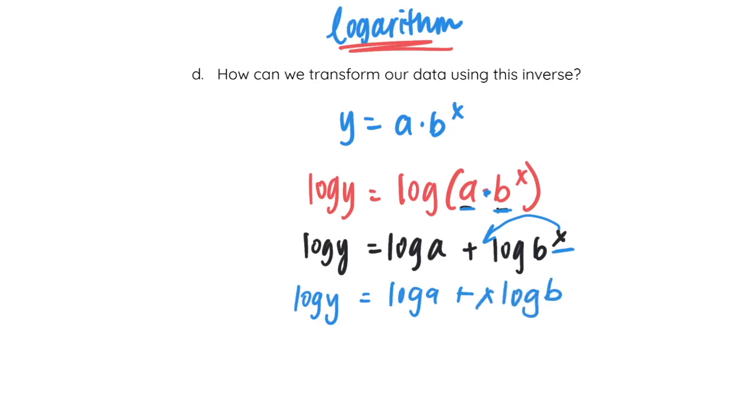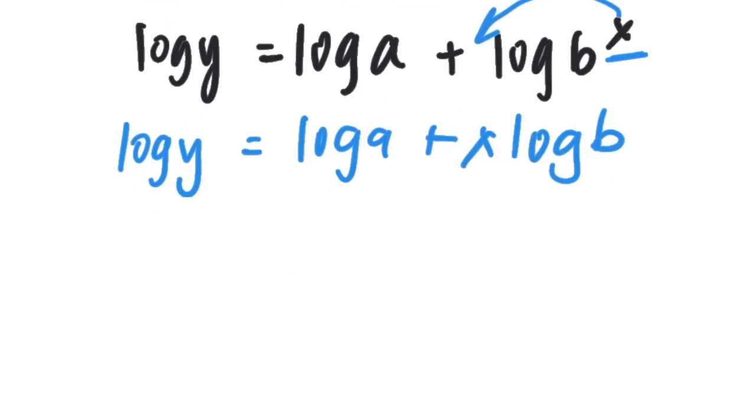Okay. Now you might notice that we actually are in a linear form at this point. So this is looking similar to y equals a plus bx, where this is our b value, or our slope.